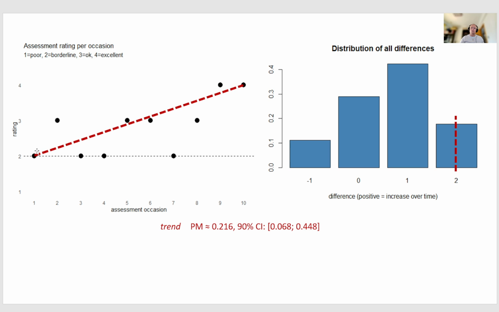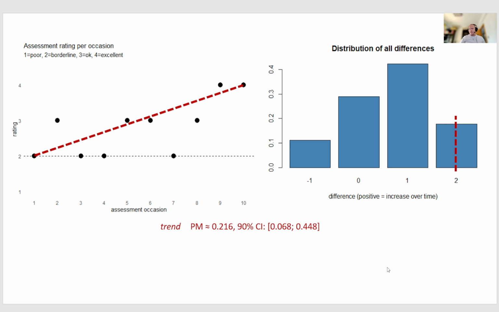Here the student had a borderline rating all the way to excellent in the last one. I hope that's useful. This shows how we can apply that non-parametric approach for trends and change in single case designs when an intervention is absent, when you simply have an observational series of measurements.